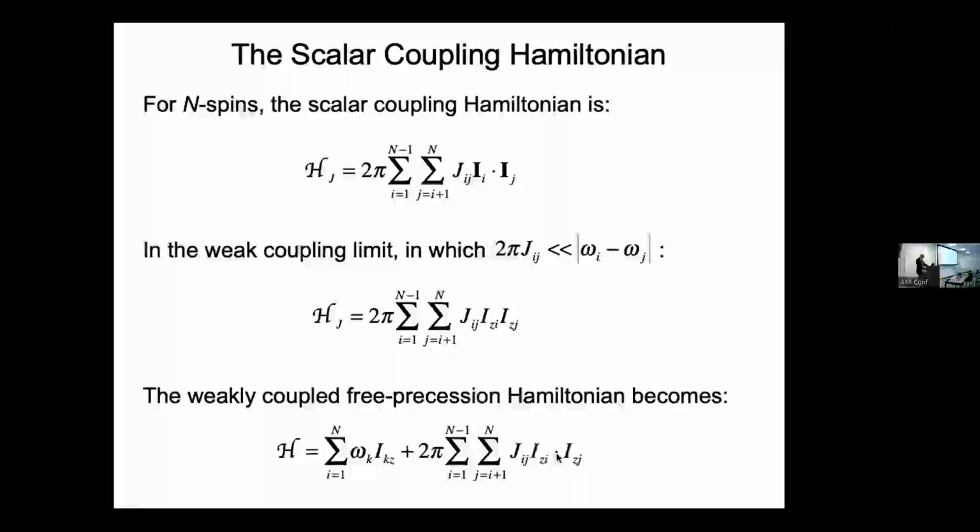Actually there's a mistake, because this still looks like the strong coupling form. I don't need the dot there anymore. The dot should not be here. Now, here I have IZ for the one spin, direct product with IZ for the other spin. And remember, the way I defined these a slide ago, this had a 2 in front of it.